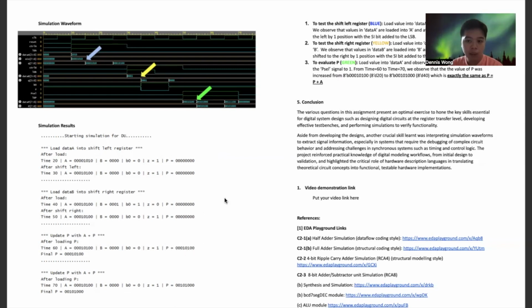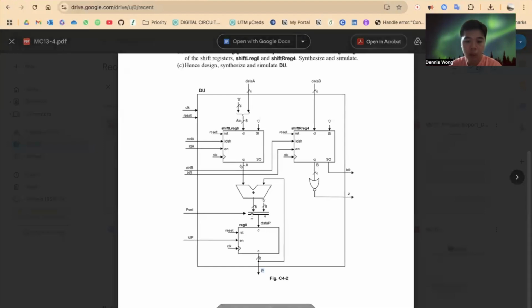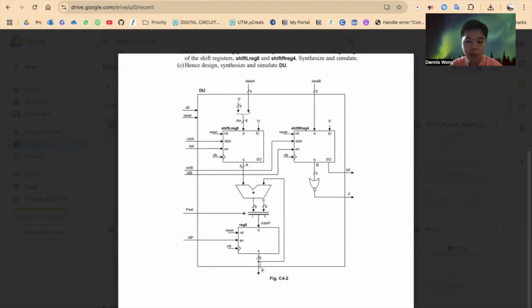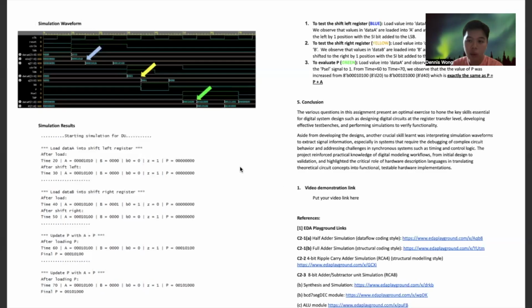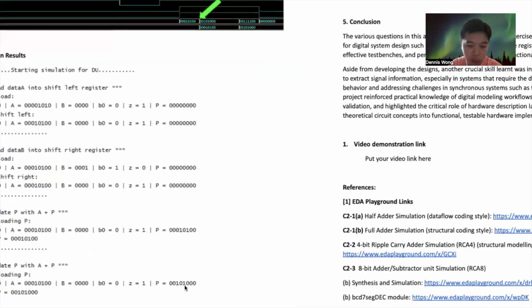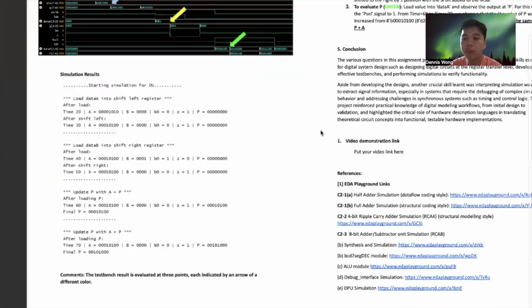And if you look at the behavior here, when PSEL equals 1, LDP equals 1, A will be added with P, and then the resulting data will be added back into P. So if we look at the simulation result again, A plus P, 20 plus 20 equals 40. And then 40 will be put into P. And this is exactly what we get. 00101000 is 40 in binary.